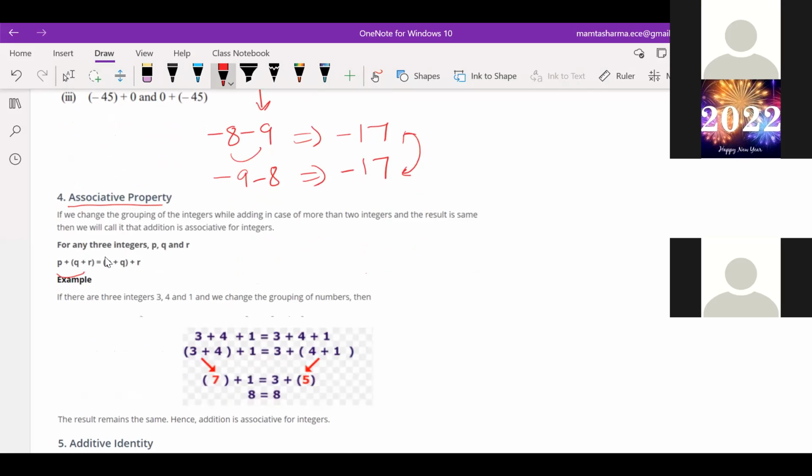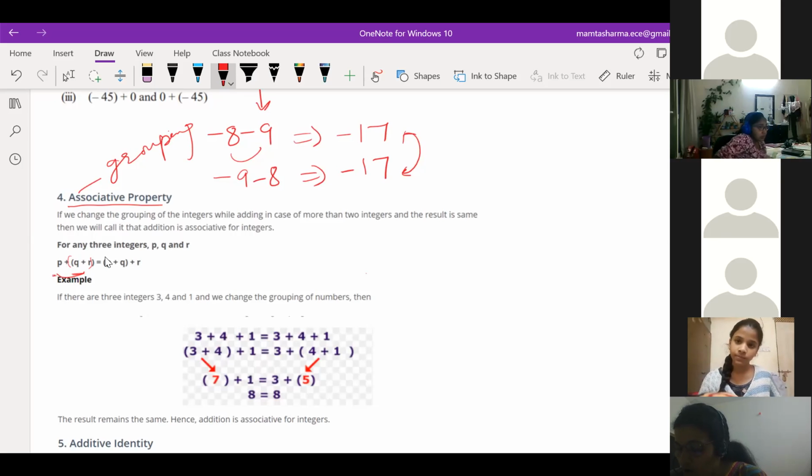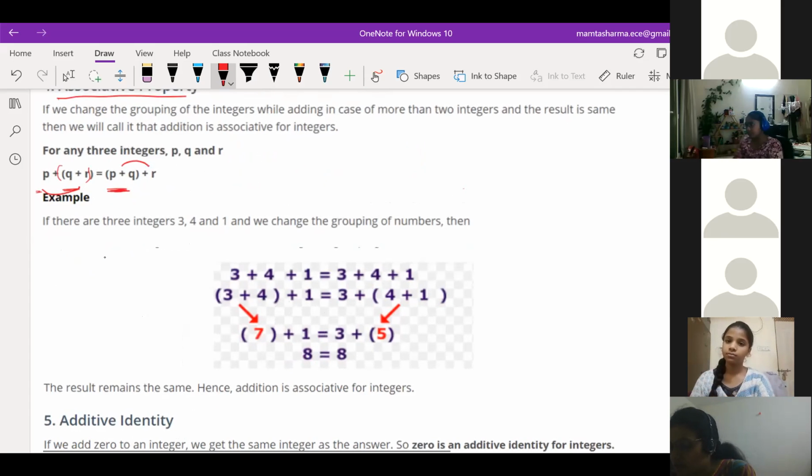Suppose we group q and r, and we add q plus r to p, or we group p and q and add this with r. The result would be the same.